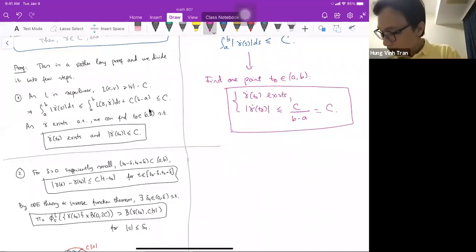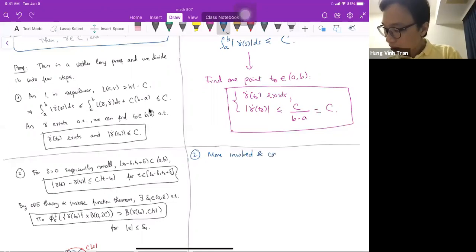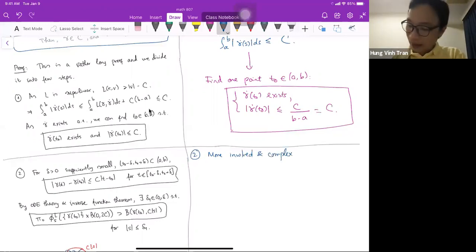Okay, so the second step is a little bit more involved and complicated. But let me explain, it's actually quite interesting. This is often used in ODE theory or in any kind of implicit or inverse mapping theorem.